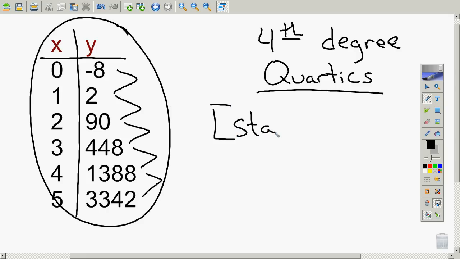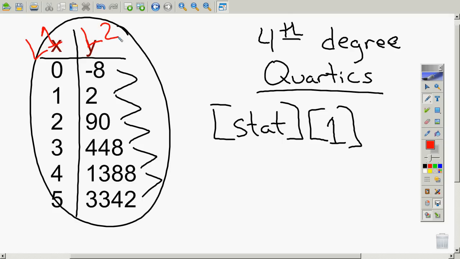So you hit stat, you hit 1, and you enter this stuff into L1 and into L2. As soon as you've done that, and it's all entered in, then you need to hit stat again.